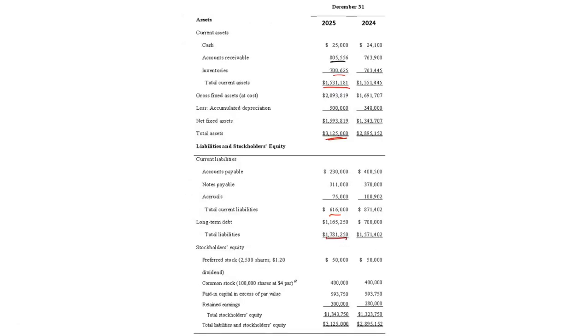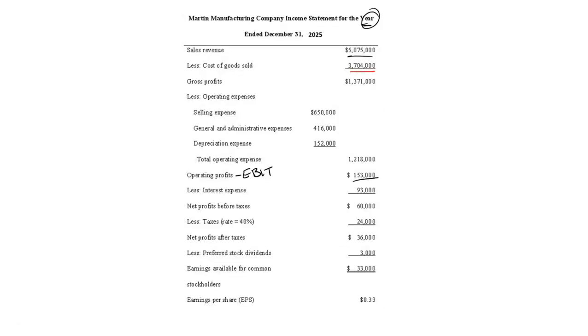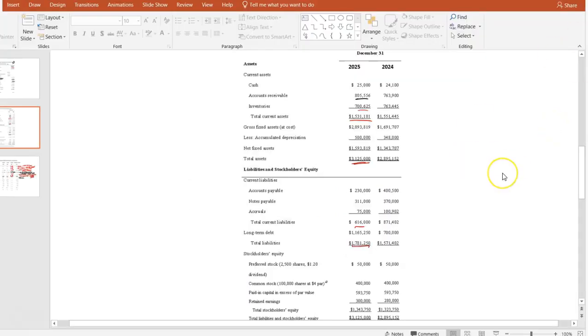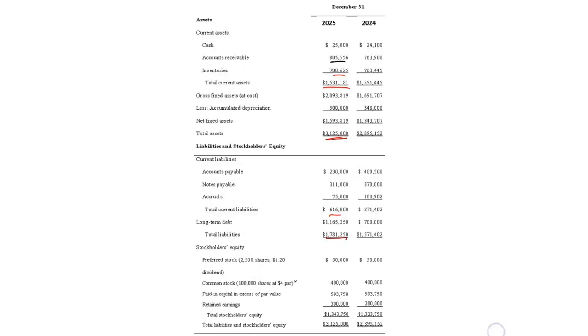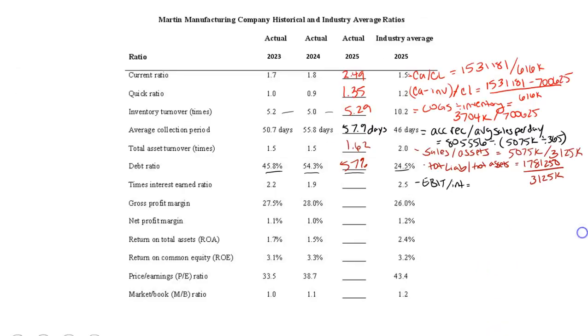We divide that by our interest expense, and our interest expense is $93,000, right below that. So our earnings before interest and tax divided by interest is $153,000 divided by $93,000. So that gets us 1.65.